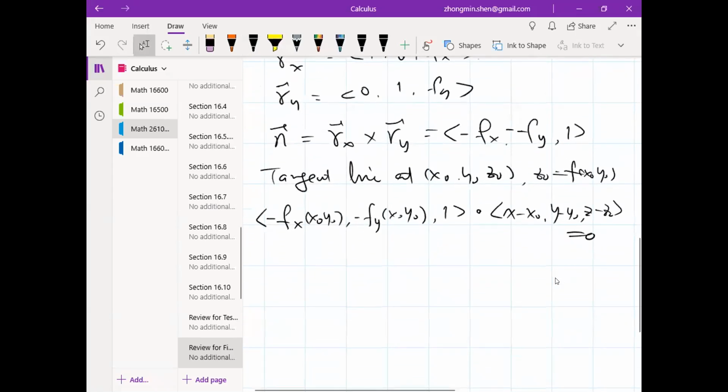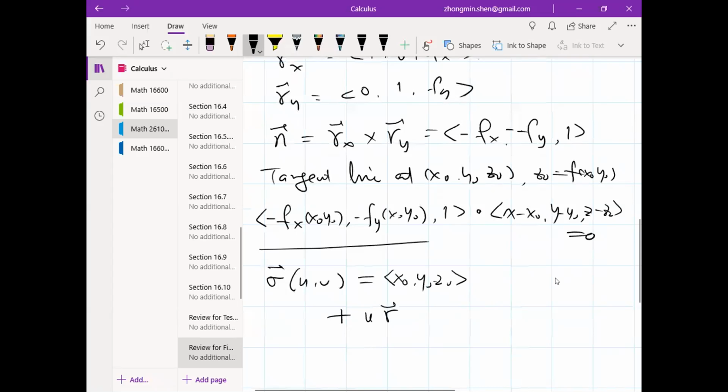So another way you can show it is, I'm going to use a different notation for the tangent plane, u and v. So this is going to be the point, plus u, v.